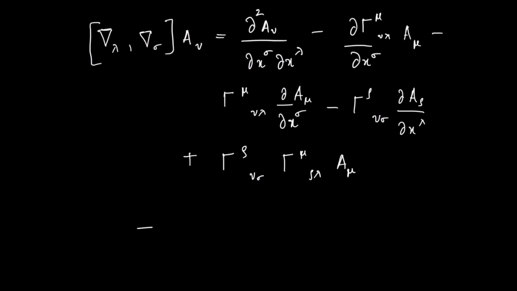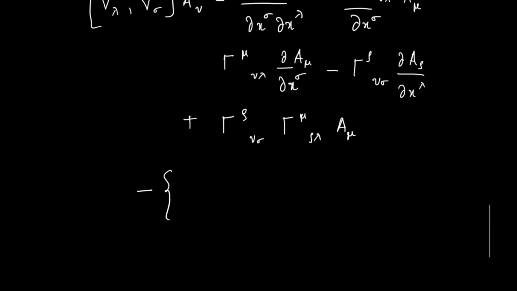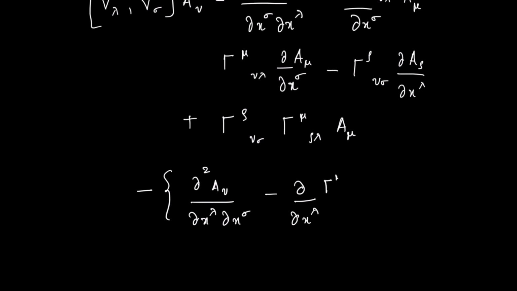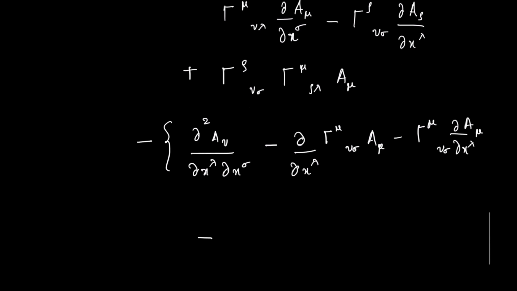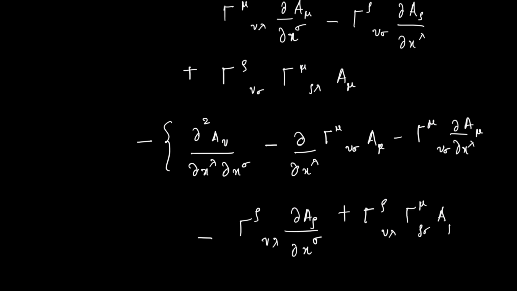Okay, now I am going to write equation number 2 minus, this will be equation number 2, with respect to x lambda x sigma minus A mu minus rho nu lambda plus, okay, so this is equation number 2.